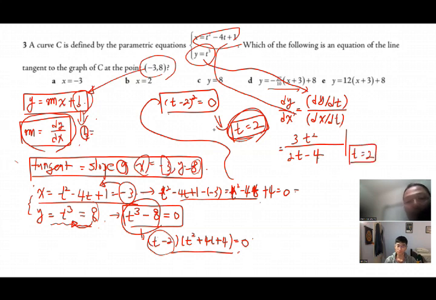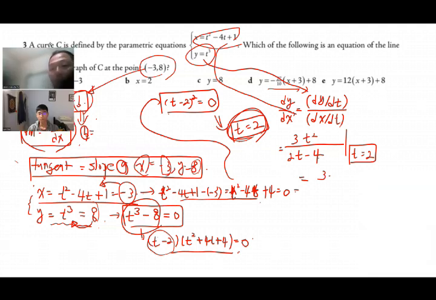You plug that in, and the numerator is 3 times 2 squared, and the denominator is 2 times 2 minus 4.